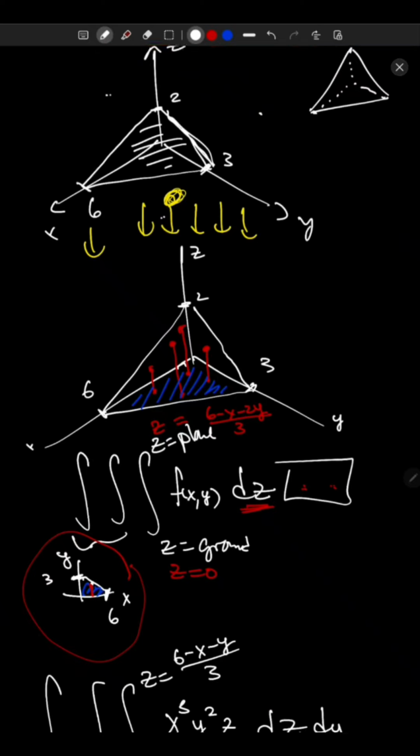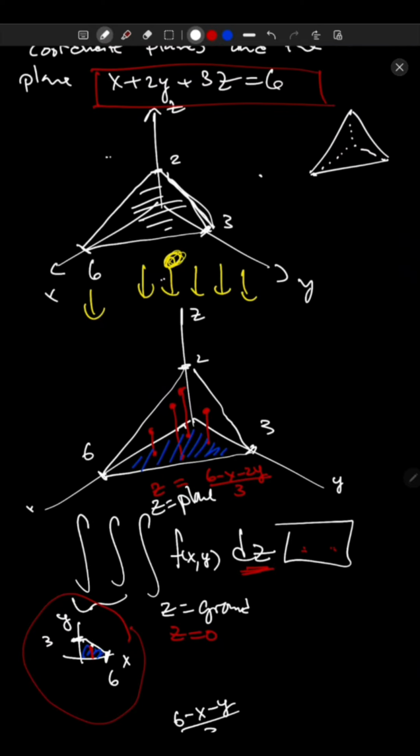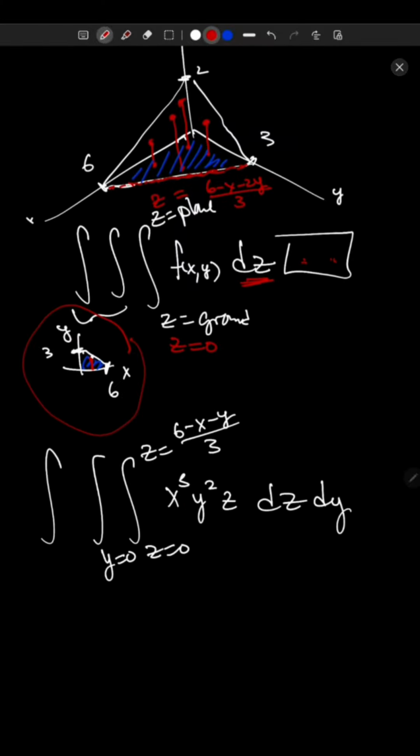This line is, in our 3D picture, right here, where our plane hits the xy plane. In other words, it's where our plane x plus 2y plus 3z equals 6 intersects z equals 0. So immediately I know the line is x plus 2y equals 6.